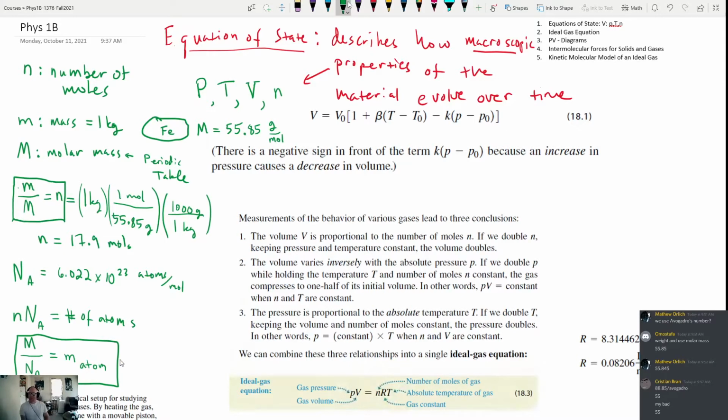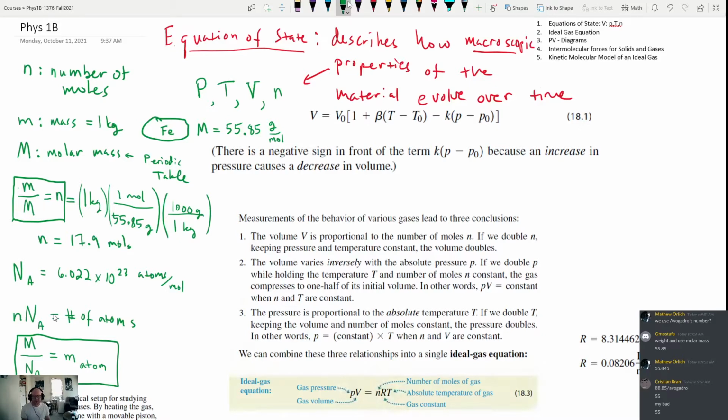Just something to keep in mind when you're doing problems in this section and for the rest of the semester, because a lot of what we're going to be talking about from now on is thermal properties of things, and you're going to need to understand how to do these conversion factors from time to time. That's all they really are, just little conversion factors.